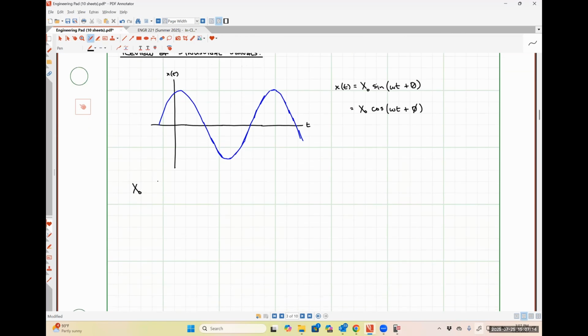So x naught is the magnitude or amplitude of the sinusoidal signal, representing its peak value.